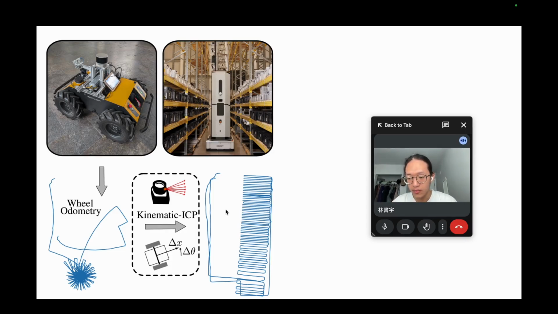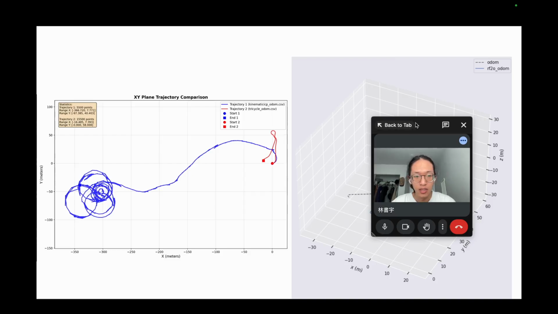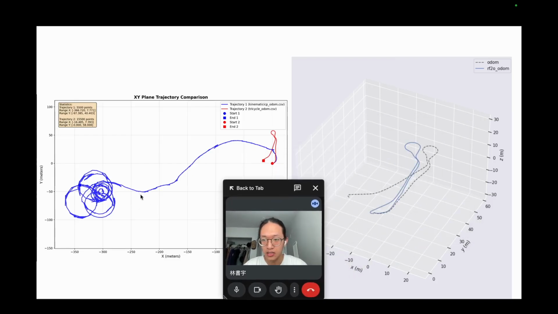But the real issue is that we don't have wheel encoders in our system. So we are using data provided by Cyberworks company to test our results. As you can see, the left-hand side is the ICP and the right-hand side is RF2O.